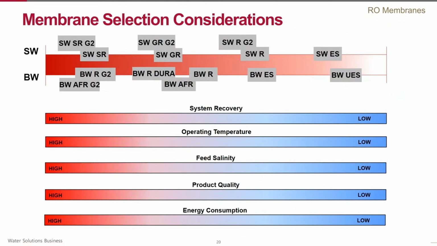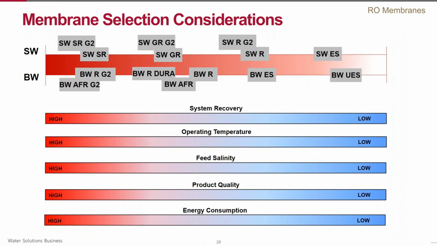For a system designer, it is important to choose the right set of membranes for a particular application. It requires certain experience, of course, but as a very basic set of guidelines, you may want to use this chart. The upper row shows the range of seawater membranes, while the lower row is for brackish membranes.